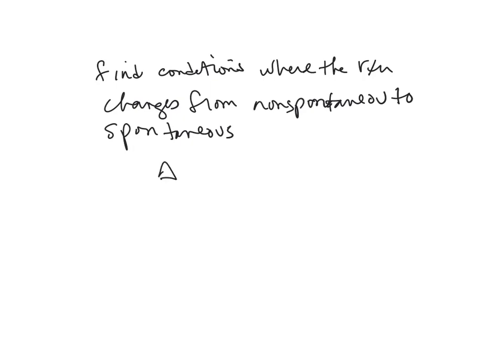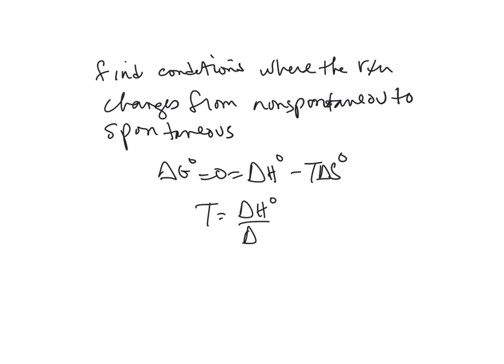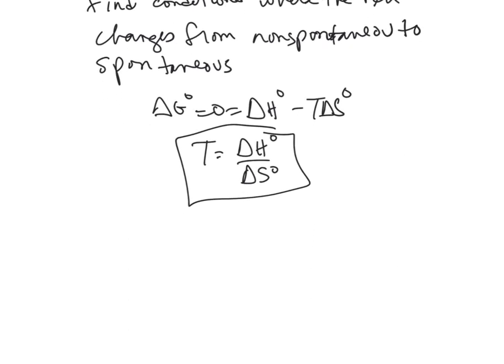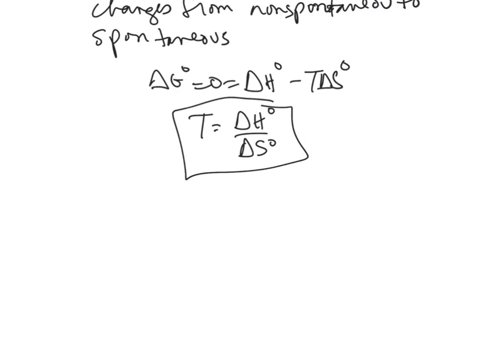And so you have delta G equal to 0, which is equal to delta H minus T delta S. So solve for T. Just memorize this equation here, delta H divided by delta S. Kind of an important one. And that's your transition temperature.